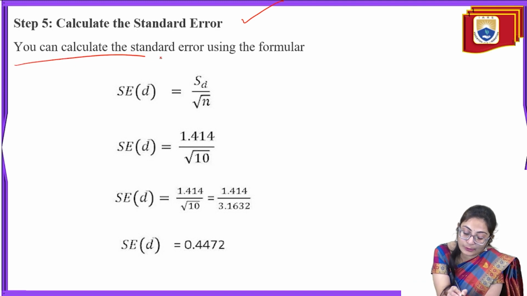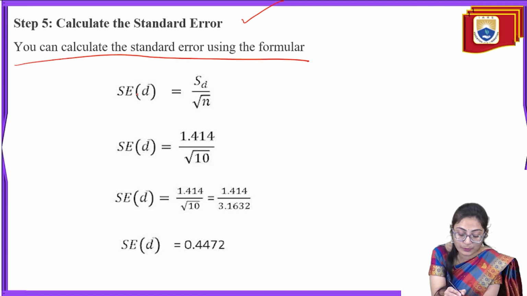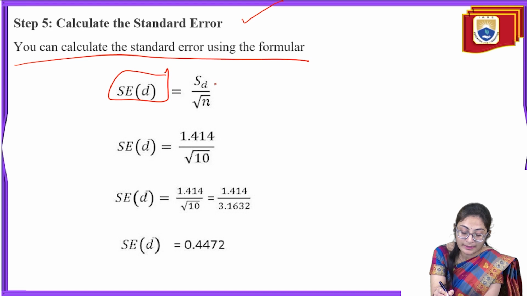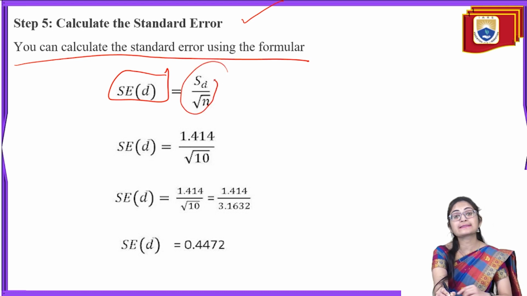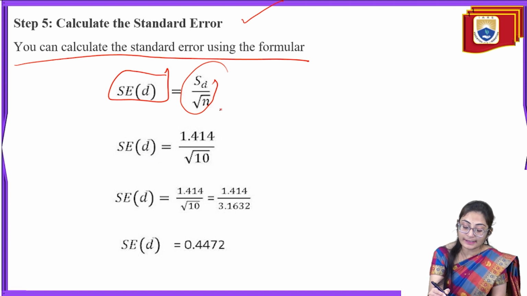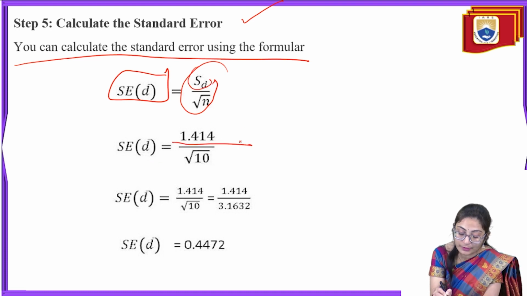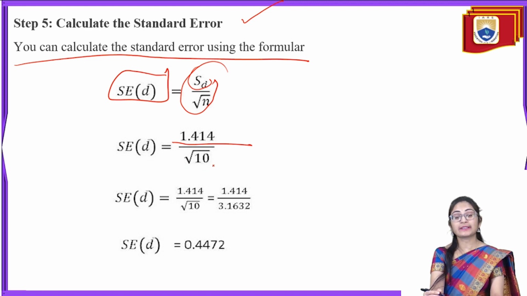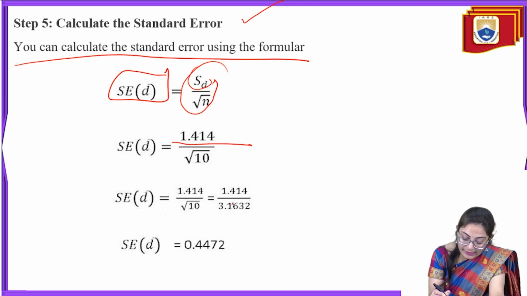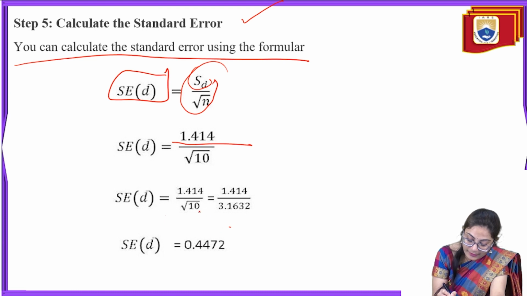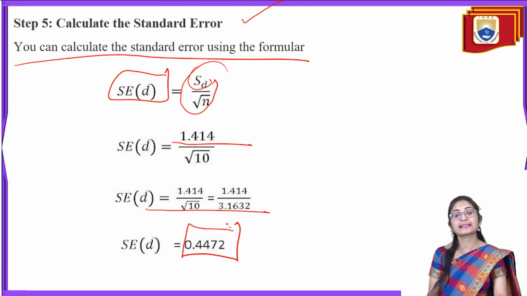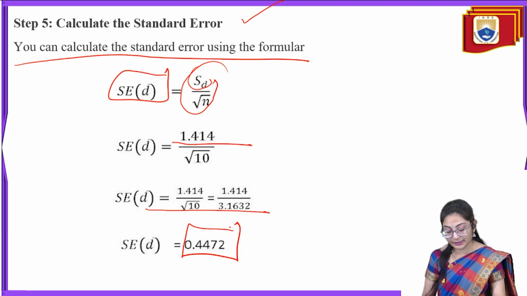Now calculate the standard error. You can calculate the standard error using the formula SE of d bar is equal to SD upon square root of n. Here the SD value is 1.414 divided by the square root of 10. After solving this, you will get the standard error of d bar equal to 0.4472.